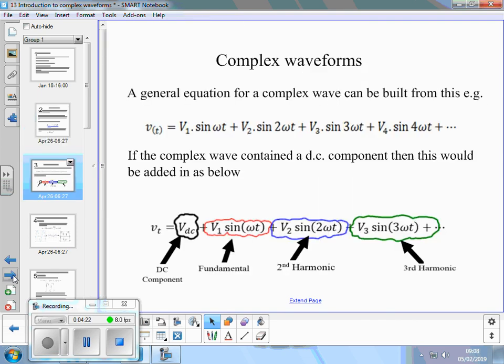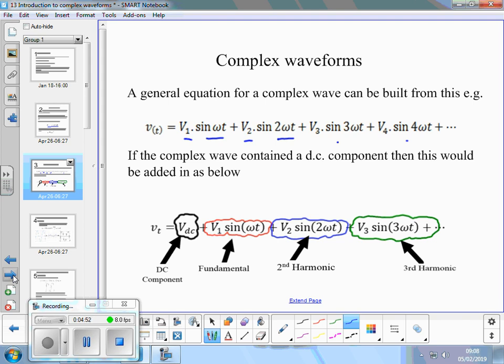Okay, so complex waveforms. General equation for a complex wave can be built from this. So we've got, if we look at that, an amplitude and a frequency of a sine wave, a second amplitude, 2 times the frequency, so that's the second harmonic, third harmonic, fourth harmonic, and so on.